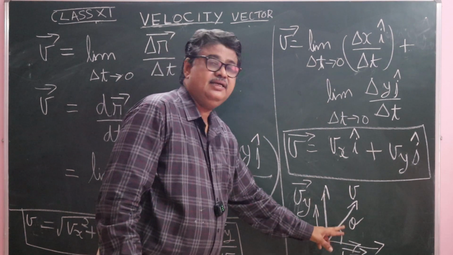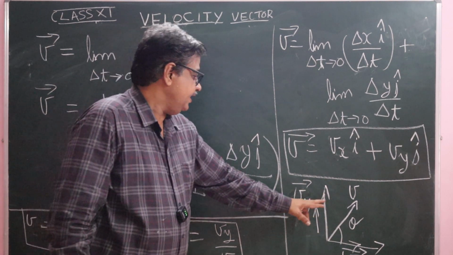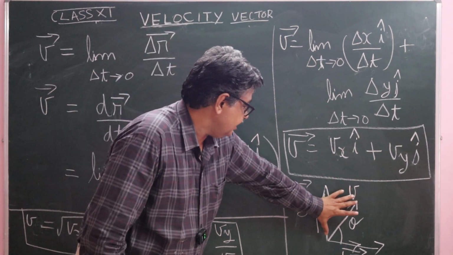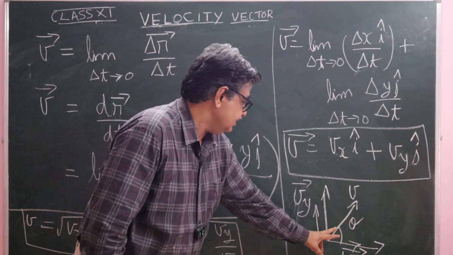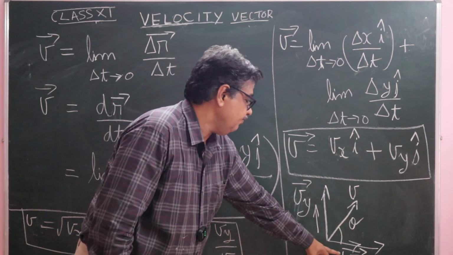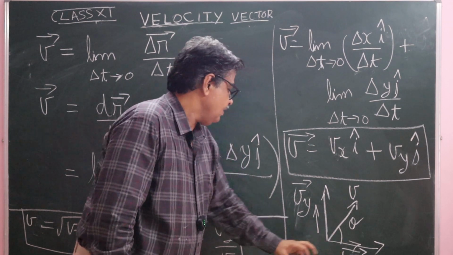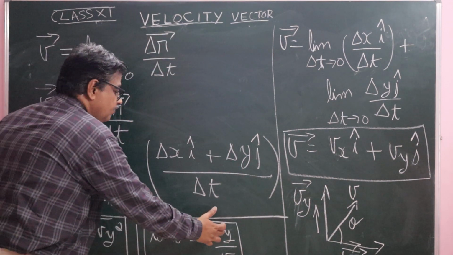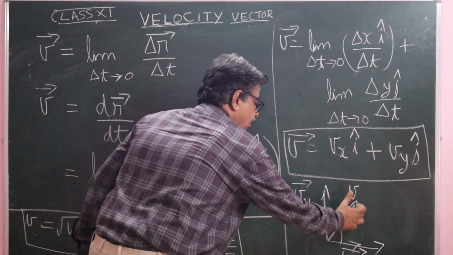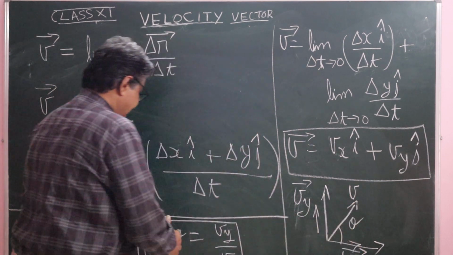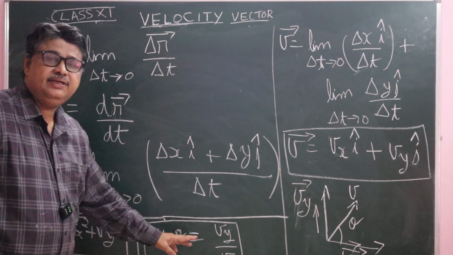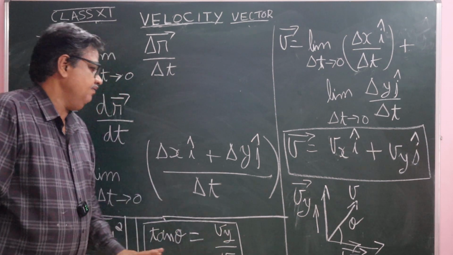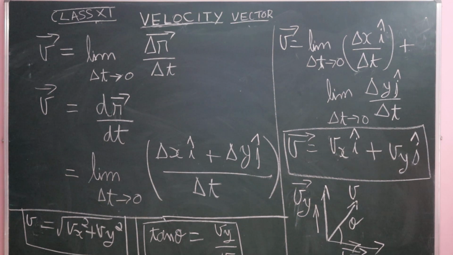This is the angle theta made by the resultant velocity vector with the x-axis. Therefore, tan theta equals opposite side divided by adjacent side, Vy by Vx. Therefore, theta equals tan inverse of Vy by Vx. So, this is the velocity vector derivation.